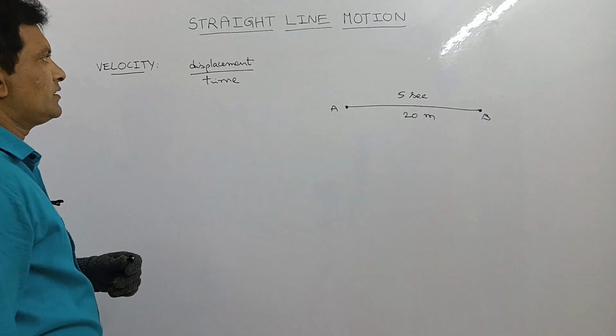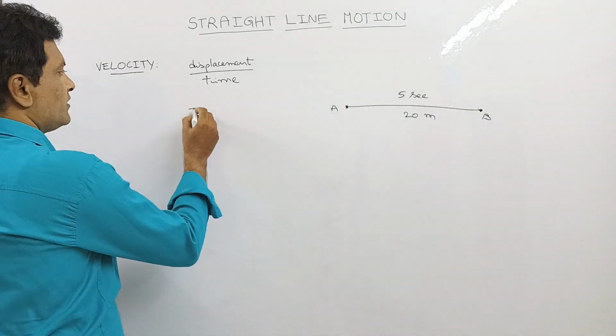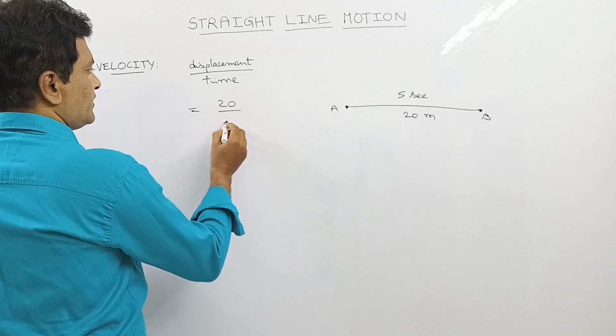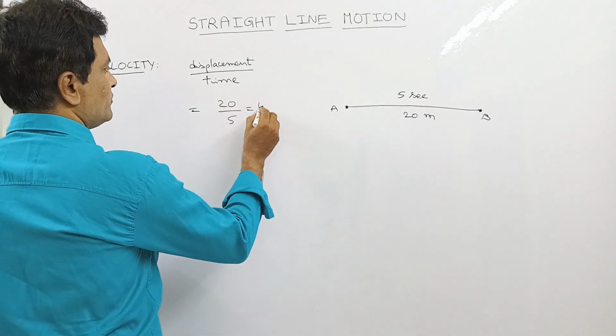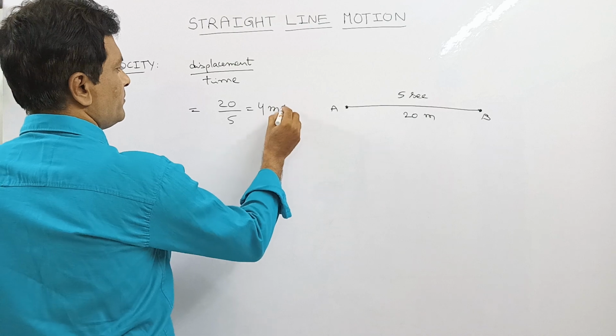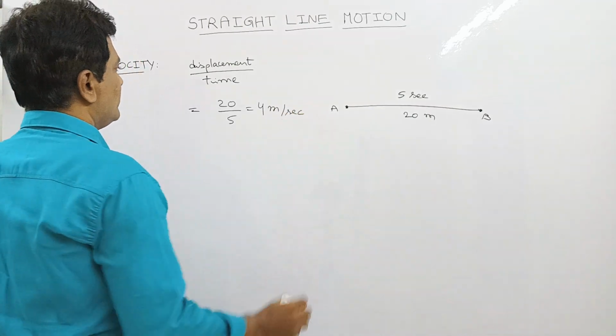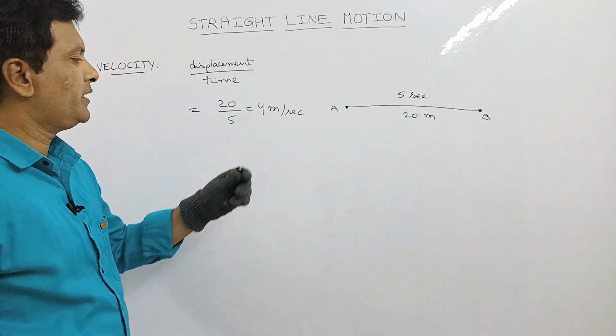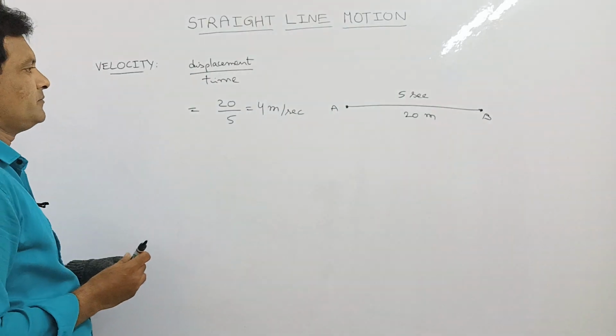So what is the velocity here? Velocity is displacement 20 by time 5 seconds, that is 4 meters per second. So the unit of velocity is meters per second.